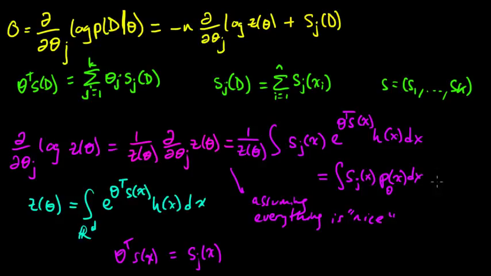And that equals the expected value of s_j of x, where the random variable x is distributed according to this probability distribution. So it's the expected value of the jth coordinate. And maybe I should put theta here to emphasize that this is when x is distributed according to theta.